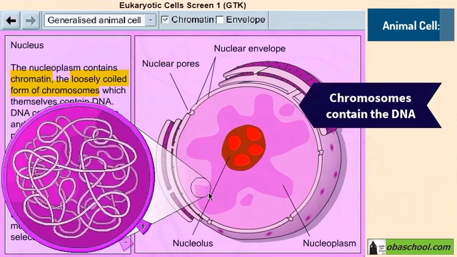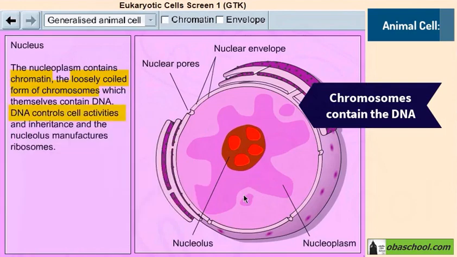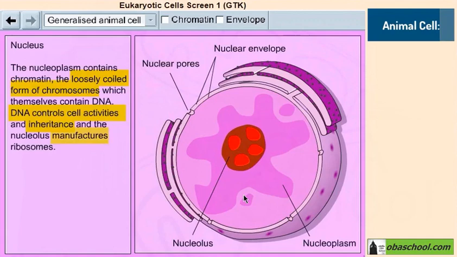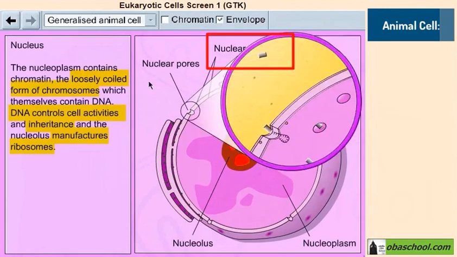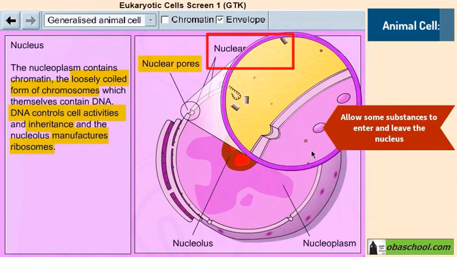And we all know that chromosomes contain the DNA. So, the DNA controls cell activity and inheritance, and it manufactures ribosomes as well. The nuclear envelope right here has nuclear pores, which allow some substances to enter and leave the cells.